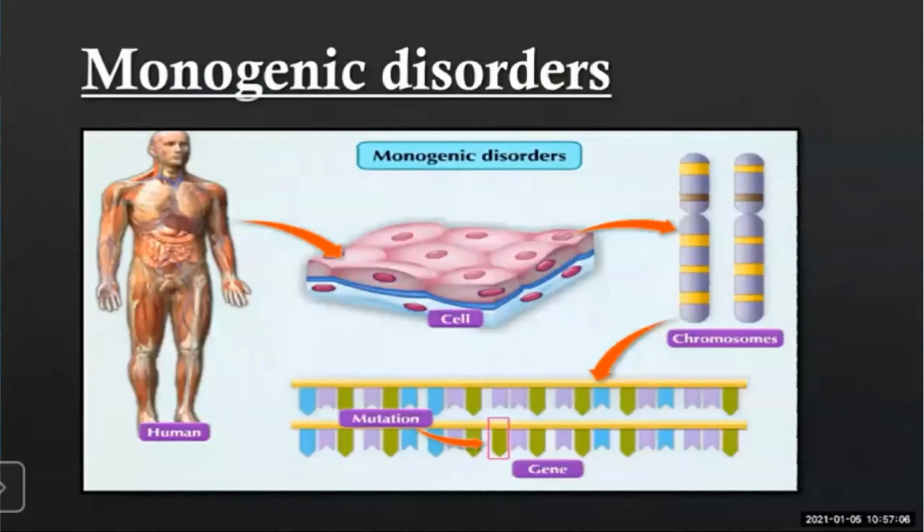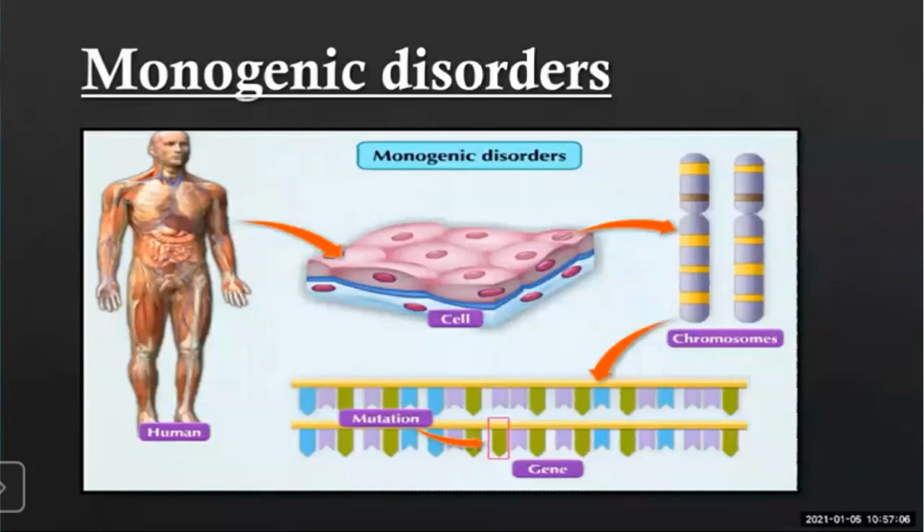Now, disorders due to chromosomal abnormalities, based on numerical changes. The first chromosomal abnormality is Down syndrome. The cause is trisomy of the 21st pair, an addition mutation.